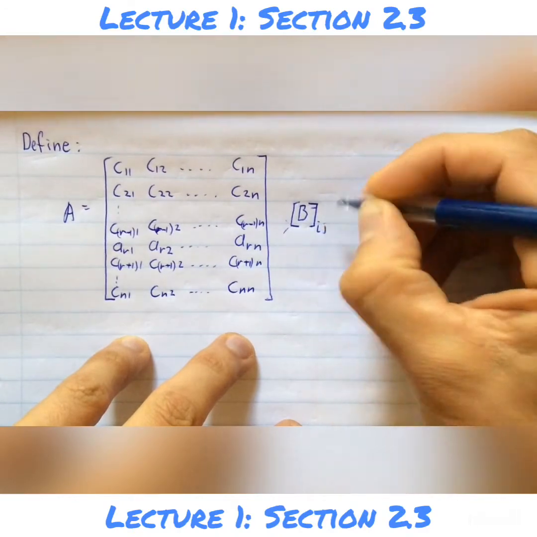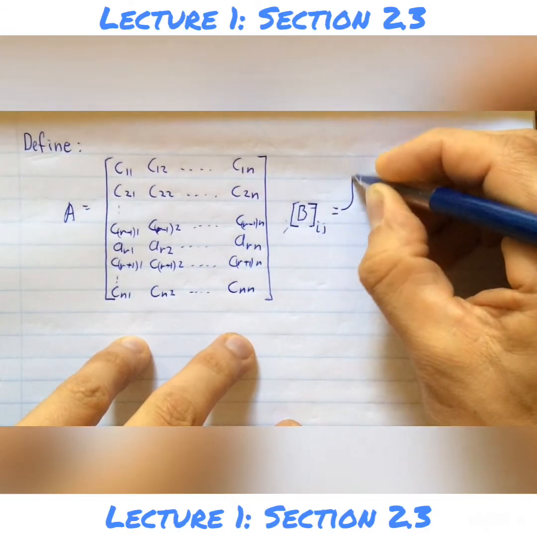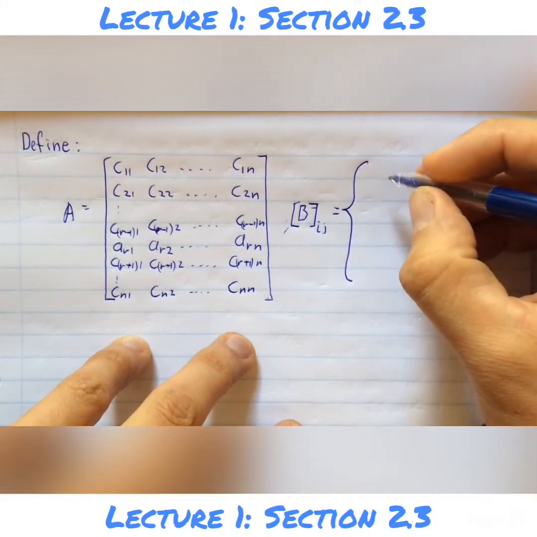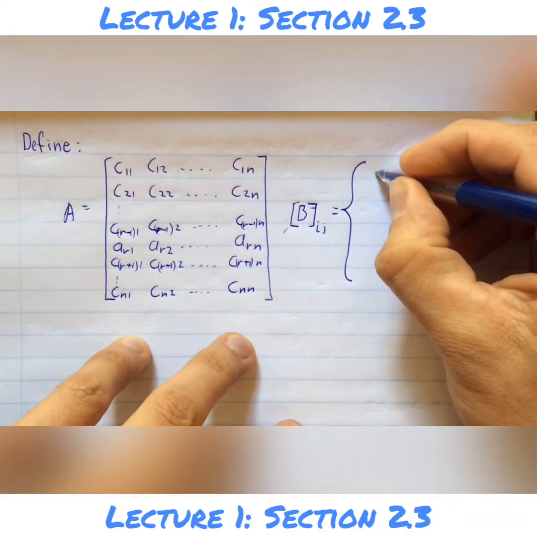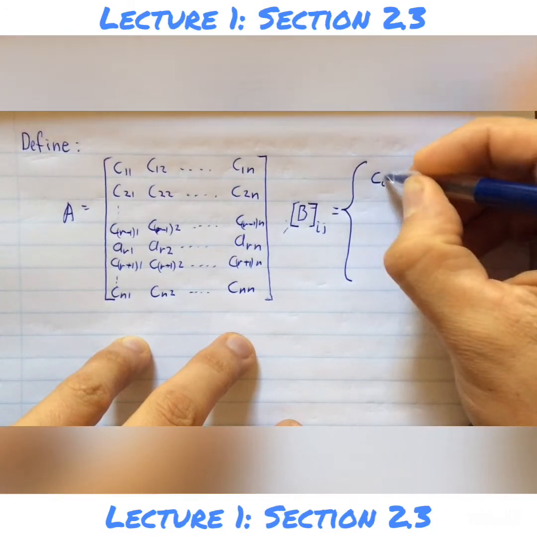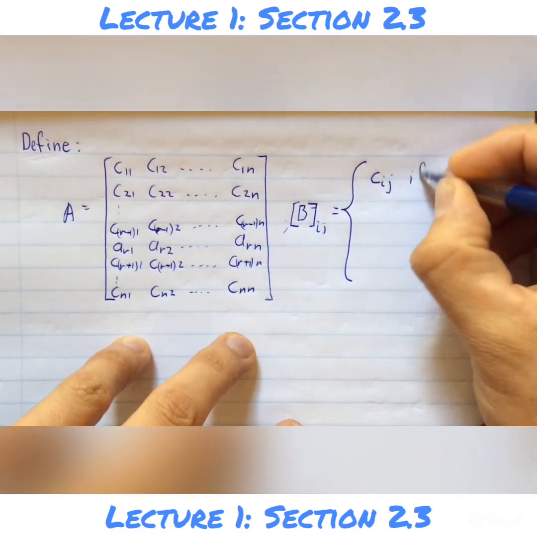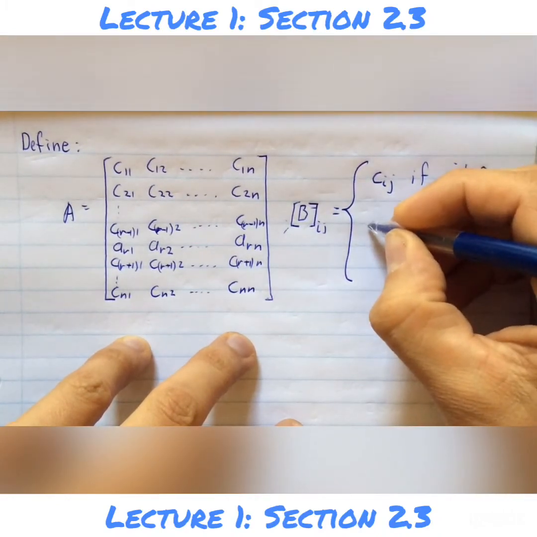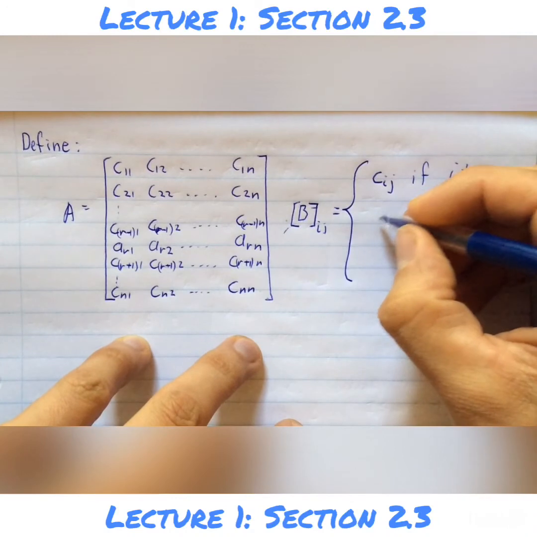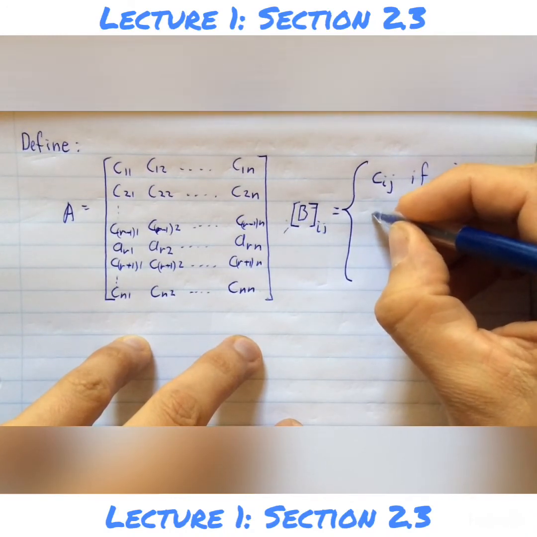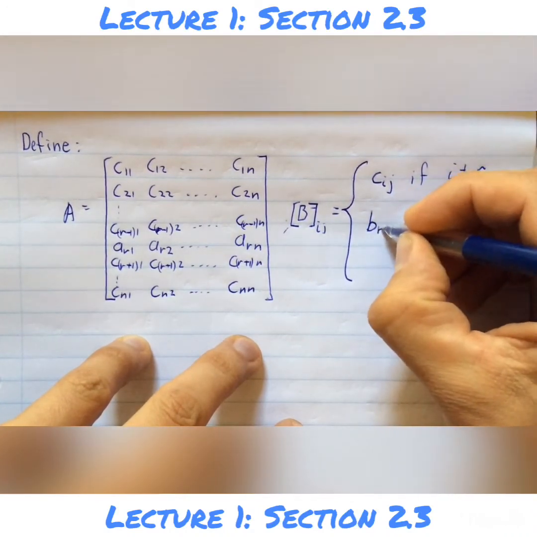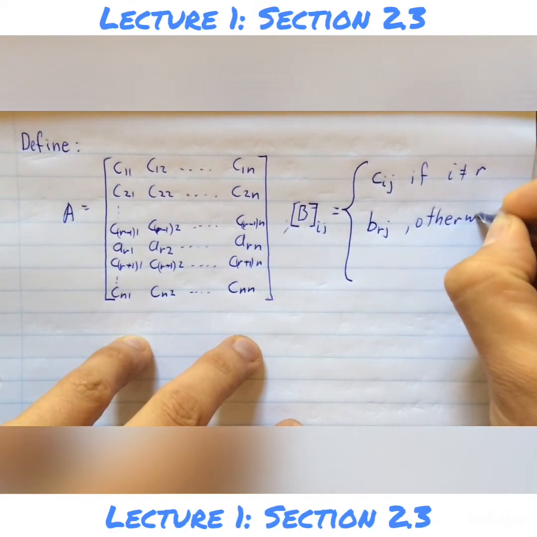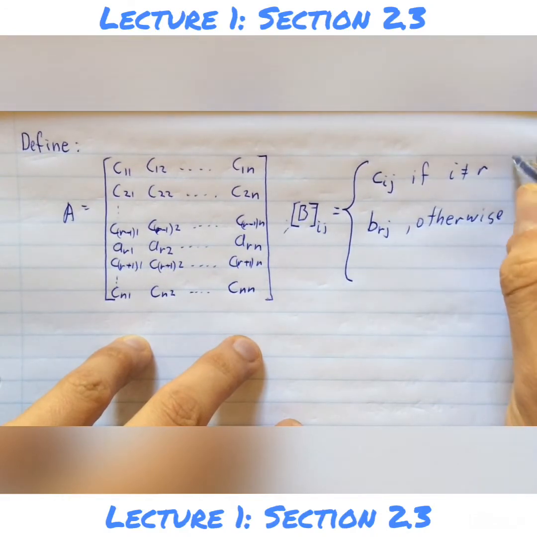The matrix B you can define as follows: the entry in the ith row and the jth column of B is the same as A when i is not equal to r, and the rth row is given by the entries of B otherwise.